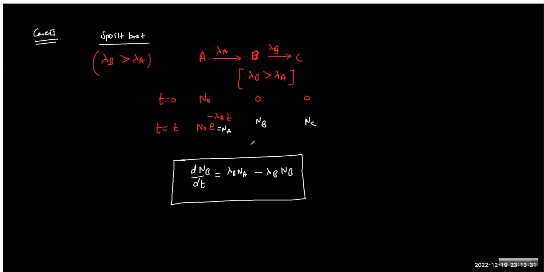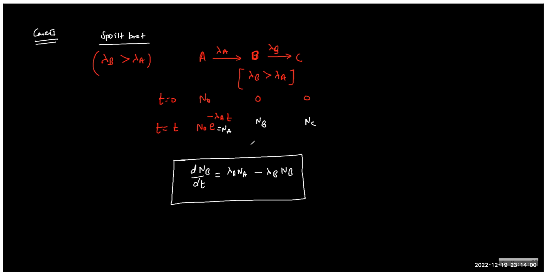So a time will come when the rate at which A will give, see, lambda is small, but N is bigger, right? So lambda into N can be equal, no? Eventually. And this equation is streaming out of this formula that dNB by dt can be 0, yes or no?